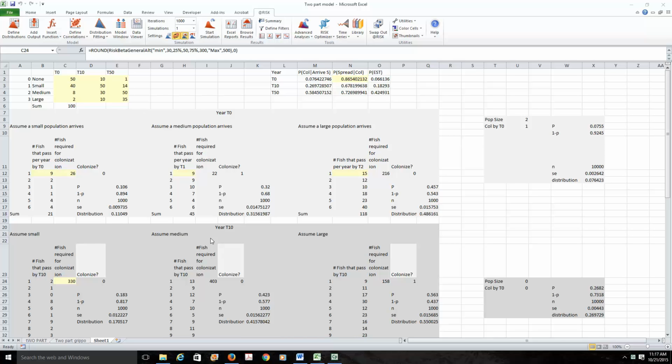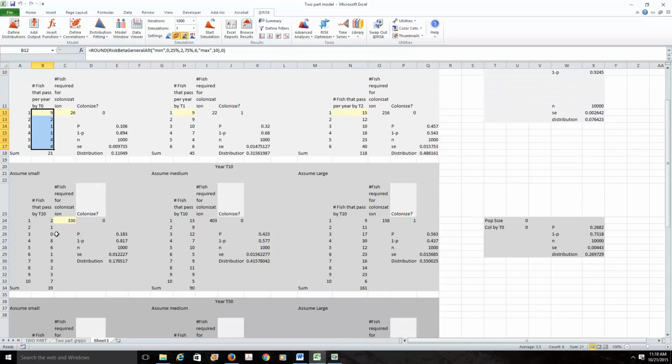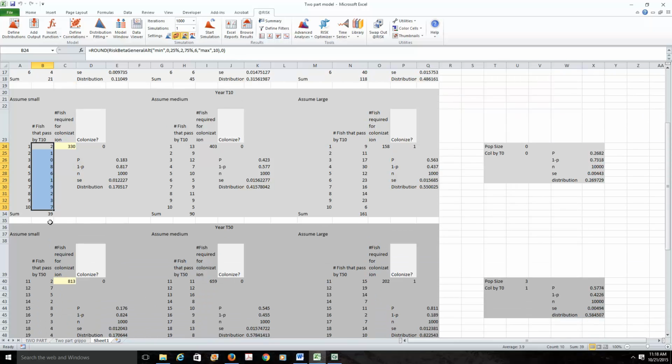So we looked before at the number of fish that can pass through the system per year, and just to review that, we looked at the year T0. We could look at the number of fish that would pass through from year T1 through year T10, and there's a sum there.